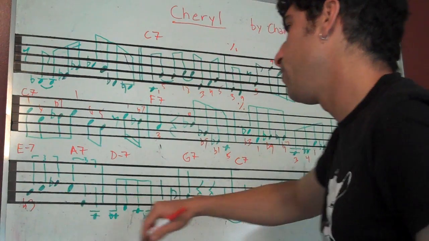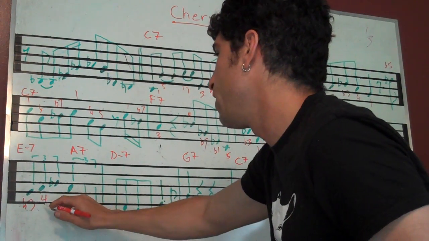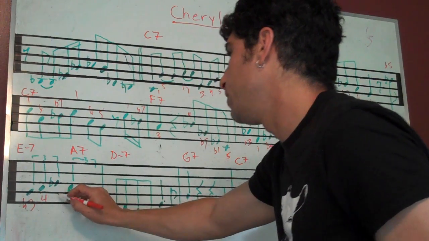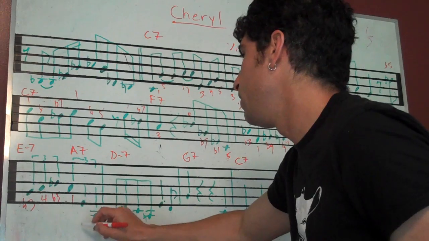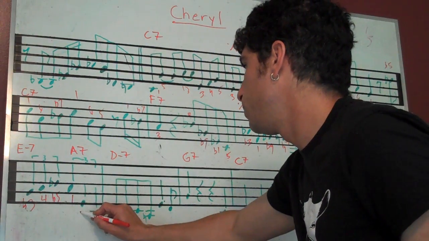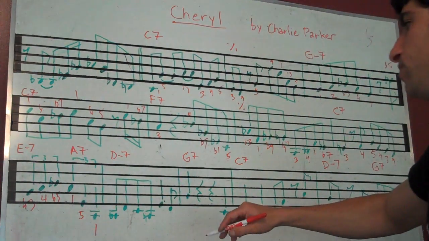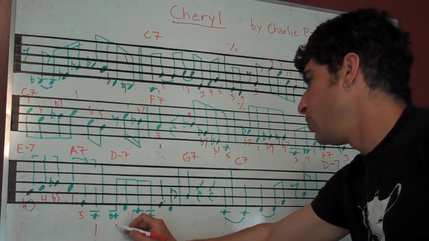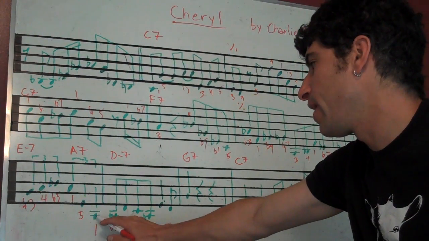He's got A, 4 or 11 to flat 5 to 1, 5, 1 to flat 5. Again, here's another chromatic approach.